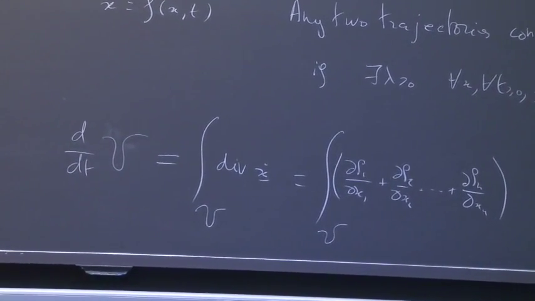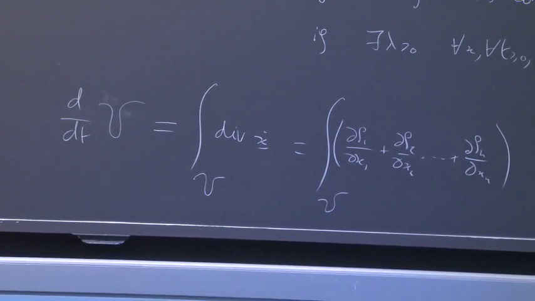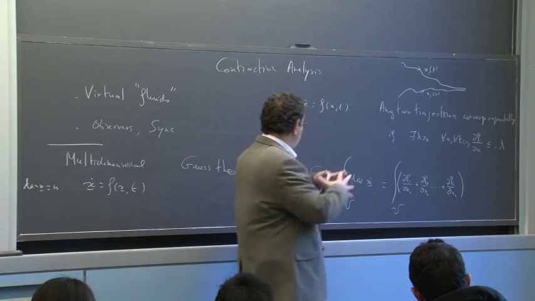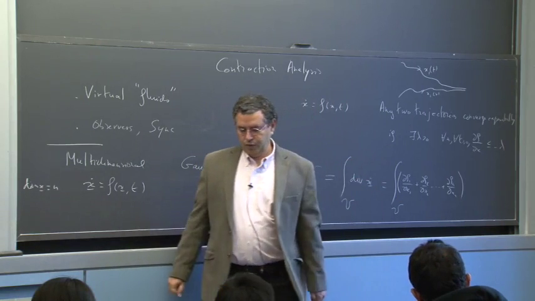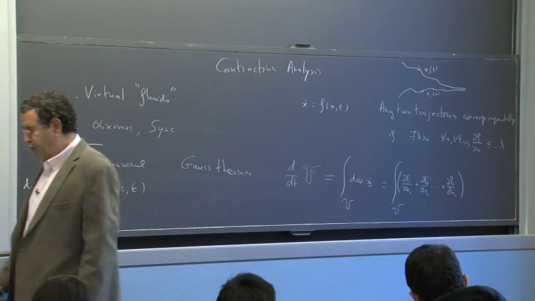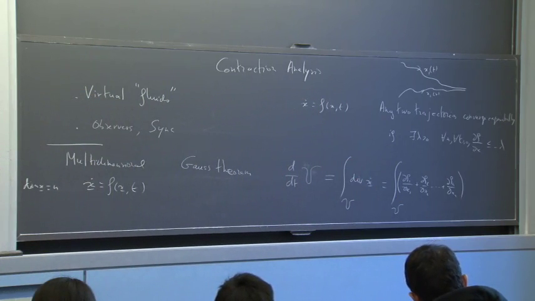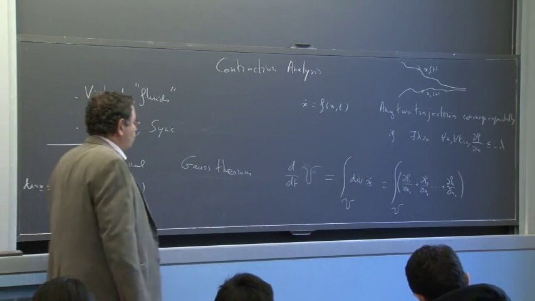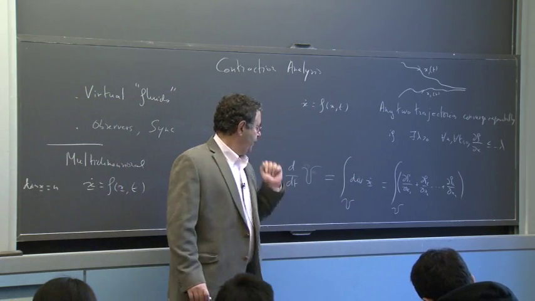It's a purely geometric property. It has to do with the flow of x dot at the boundary, which happens to be equal to the integral of the divergence of x dot. And so you have this kind of very general property.